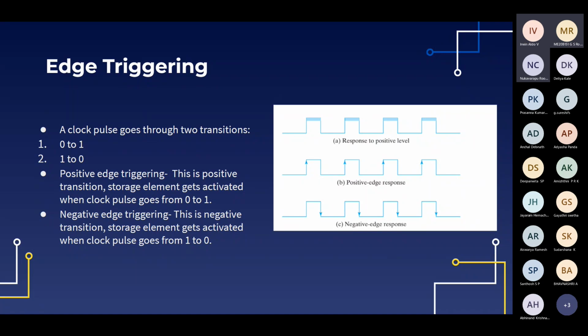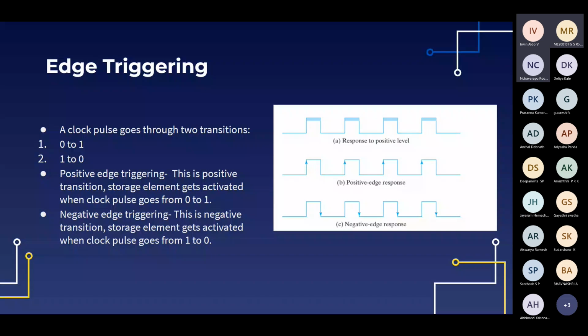Think of it as a gate. The memory element will work everywhere. It's only the input that gets transferred. The activation process is only for inputs, like a gateway.